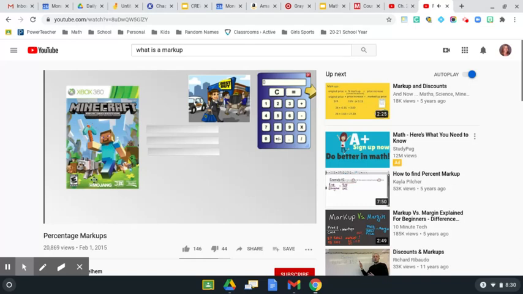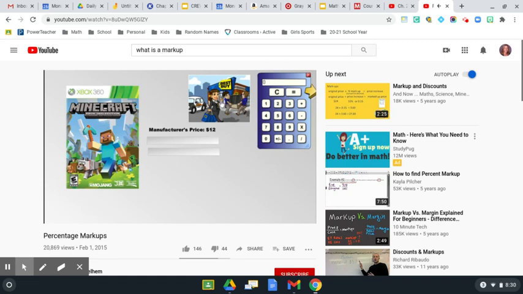Minecraft is made by a company called Mojang, and Mojang was recently bought out by Microsoft. Let's say, for example, that Mojang/Microsoft is selling Best Buy the game for $12. So what that means is Best Buy is writing a check for $12, giving it to the company, and then they get the game.